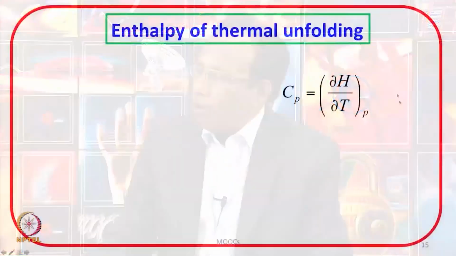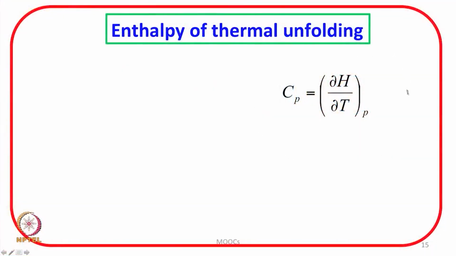So, let us look at the definition of Cp, which is dH by dT at constant pressure, which I can rearrange and write that delta H is equal to the integration from Ti to Tf of Cp dT. This also we have discussed many times, and I will tell you why I am putting Cal as subscript over here.